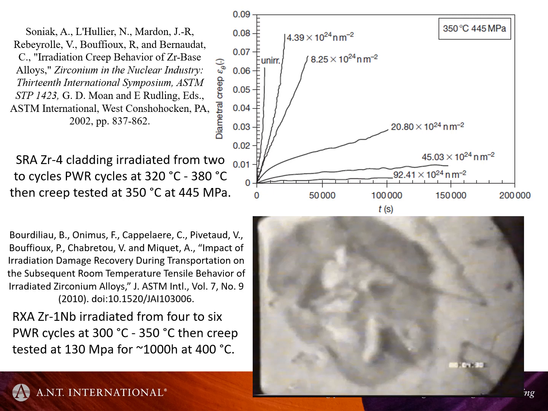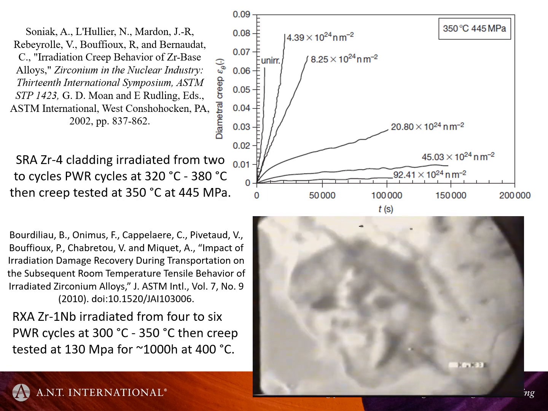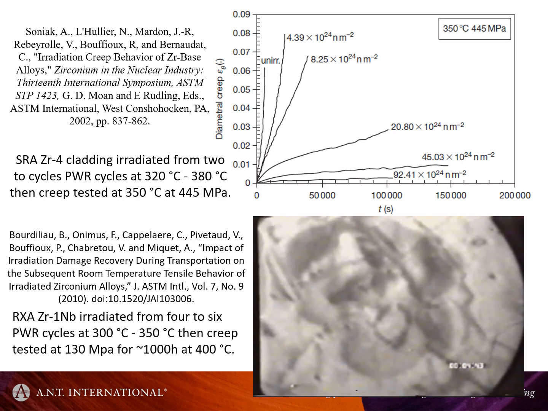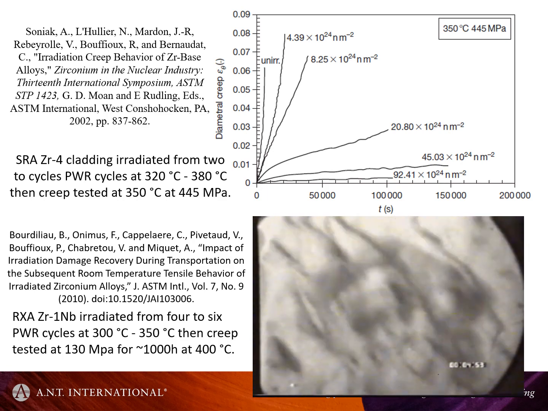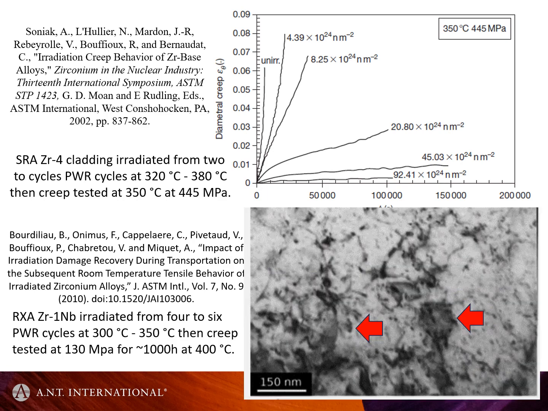But one thing that comes to mind that would be a feature that does evolve over a long time is the C component loops. And fortunately, the French did publish some work, Bordelot et al., where they actually showed some images of material after creep testing.